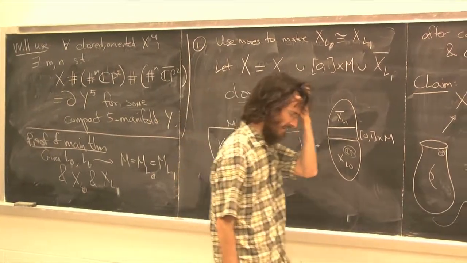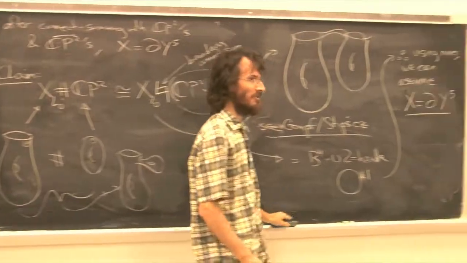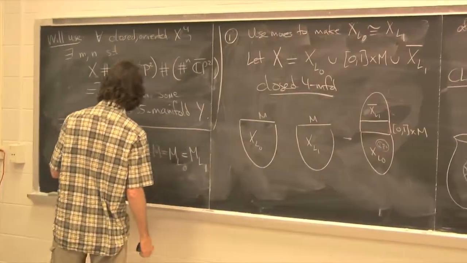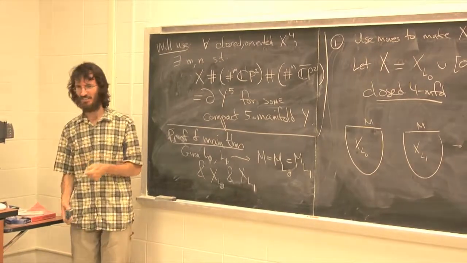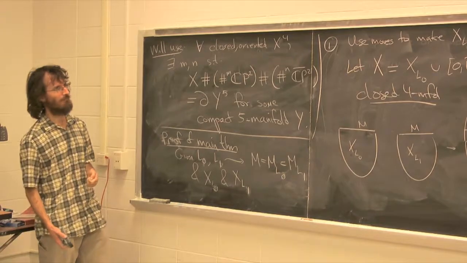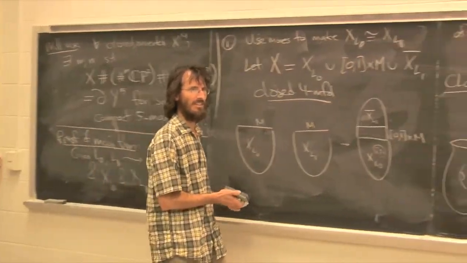And in this 5 manifold, I want to use it to show how to modify these links, L0 and L1, so as to make the 4 manifolds different.